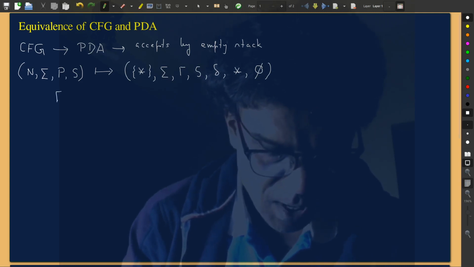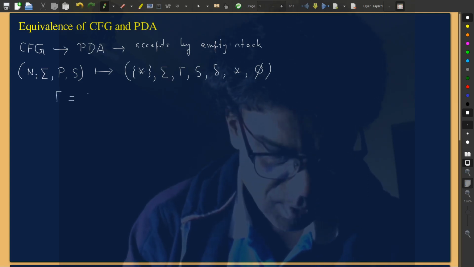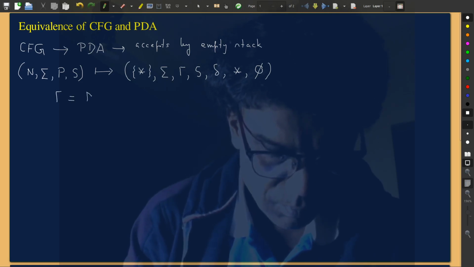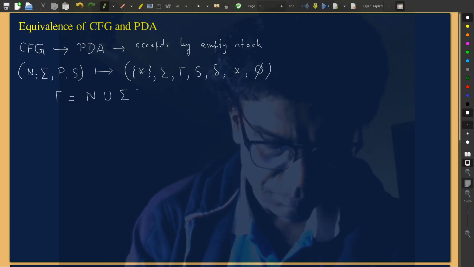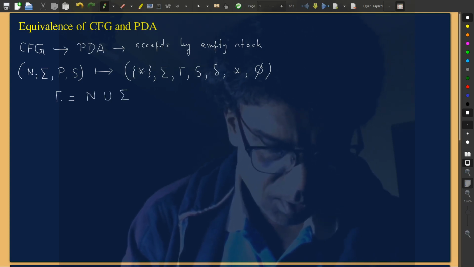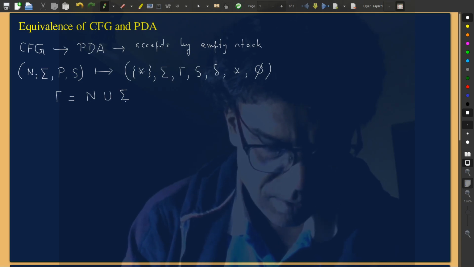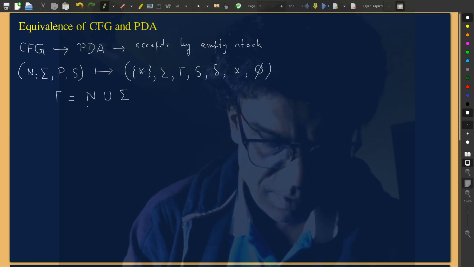So for gamma, I will take the union of these two. That is, the stack can consist of terminal and non-terminal symbols.